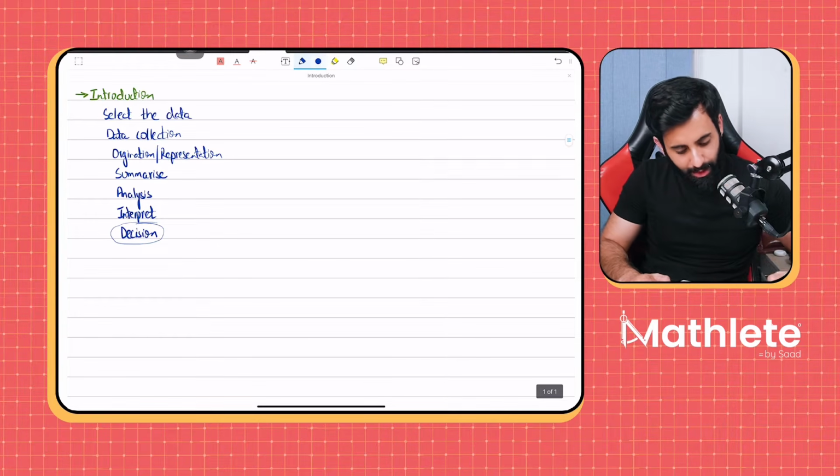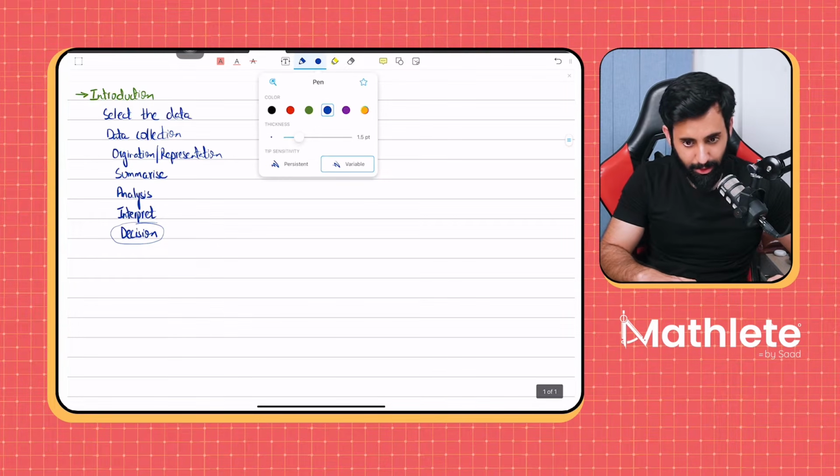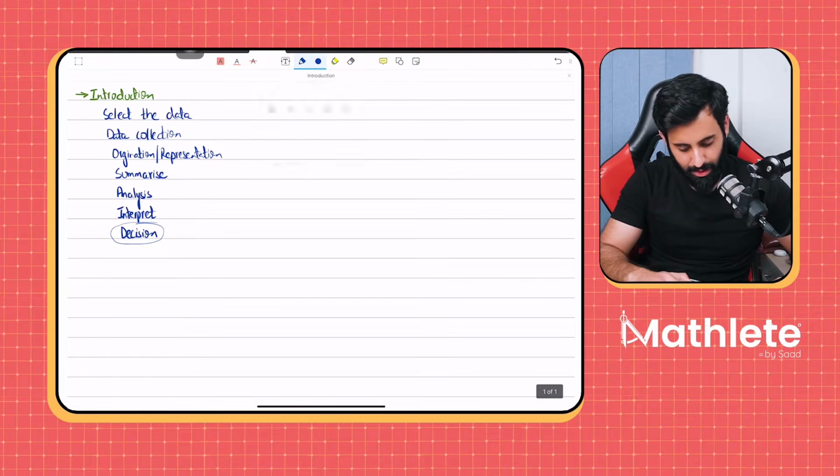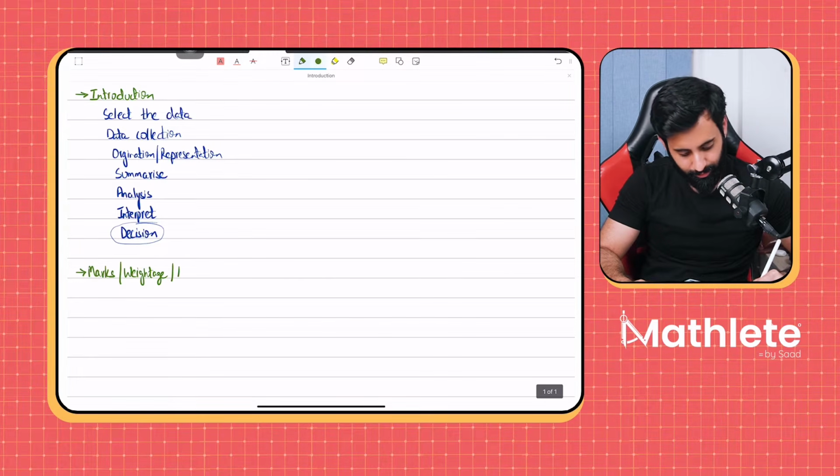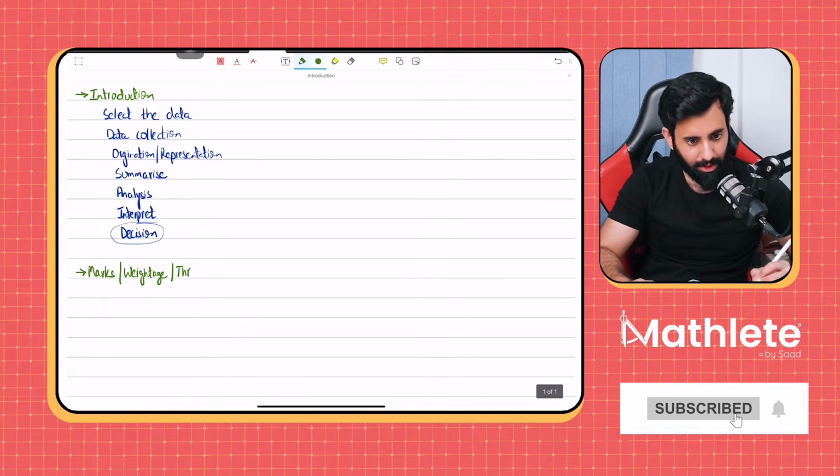So the next thing that we're going to talk about is the marks, weightage, and the threshold. So do you guys know how many marks P1 is? P1, not S1. 75. That's true.